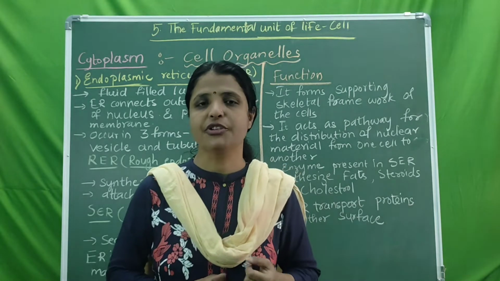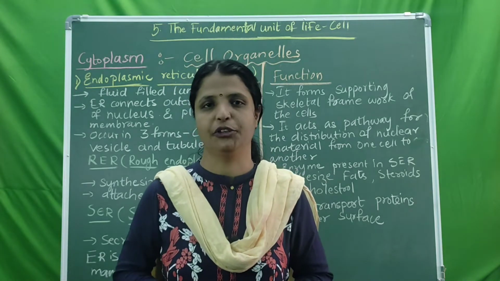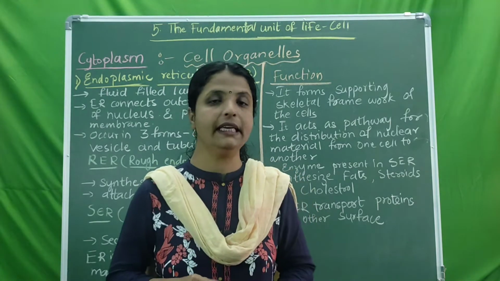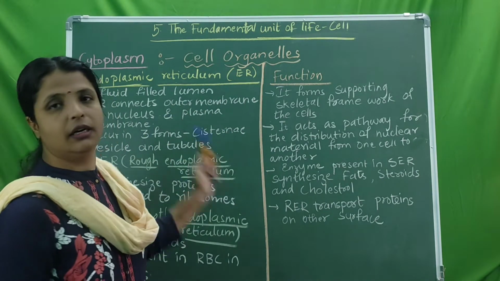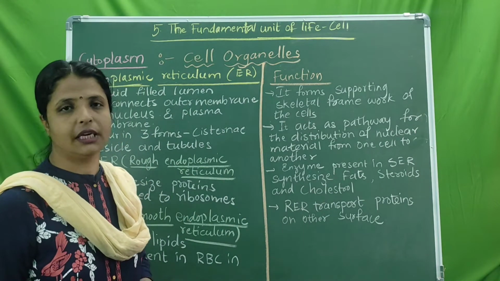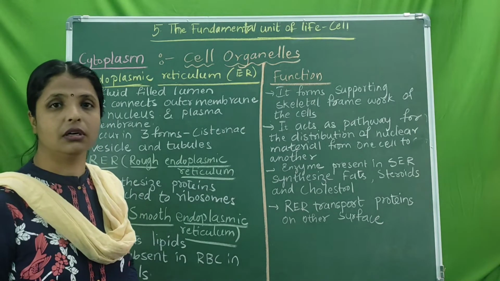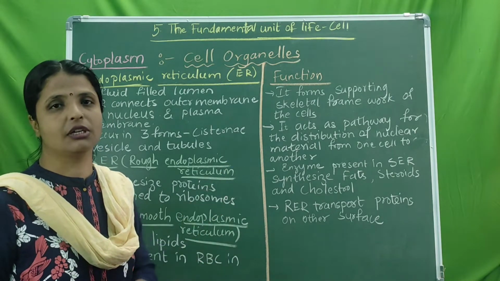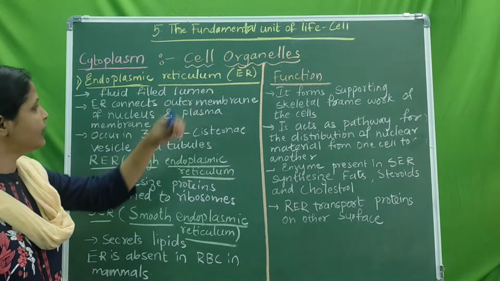We will see the first cell organelle, that is the endoplasmic reticulum, in short form called ER. Okay. We will see what the main function of the endoplasmic reticulum is and how it occurs.